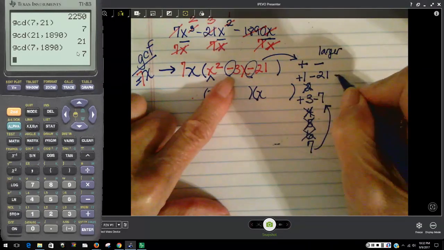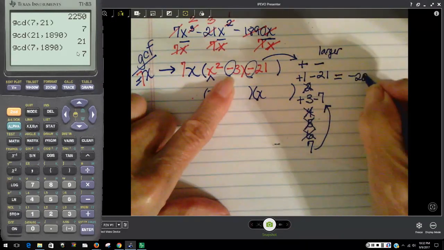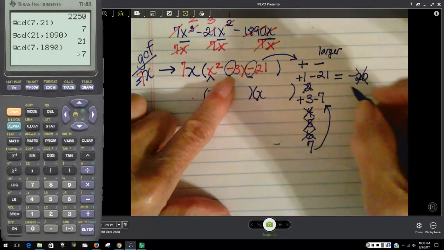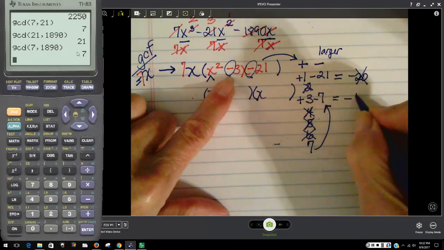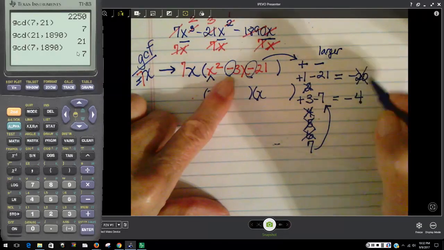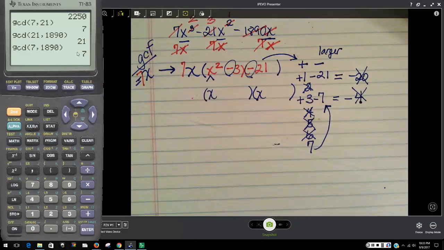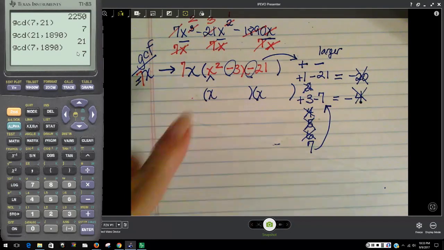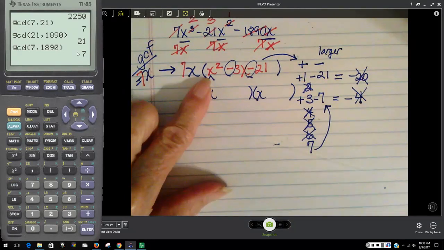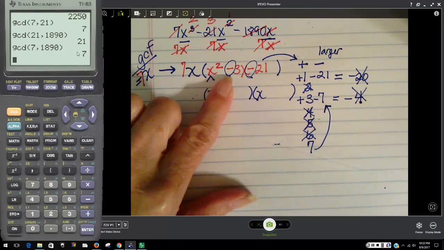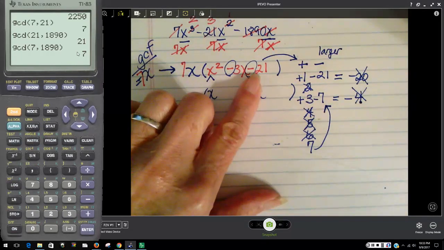This gives me negative 20, not what I wanted. This gives me negative 4, not what I wanted. So that tells me that x squared minus 3x minus 21 does not factor.